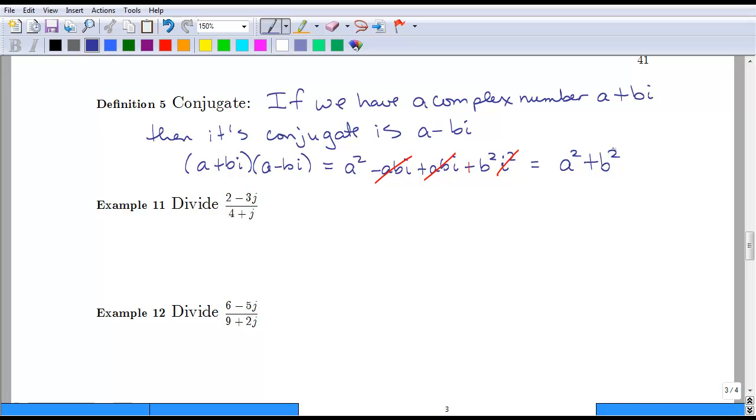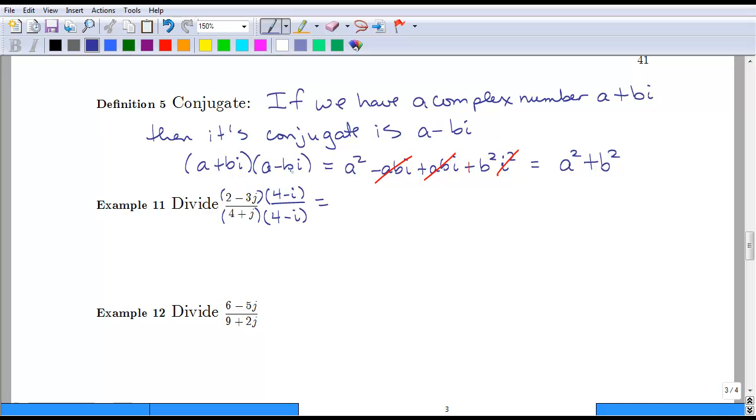For division, what we are going to do is multiply the top and the bottom by the conjugate of the denominator. So first things first, we will put in our parentheses, and then we will multiply by the conjugate of 4 plus i. So this is 4 minus i. And we will multiply the top and the bottom by this.